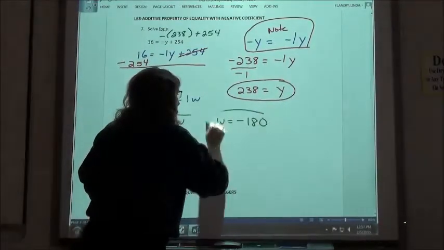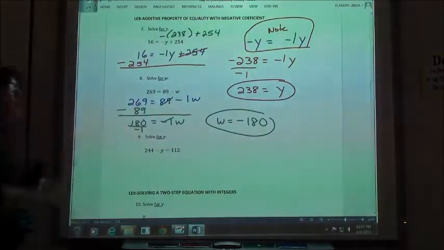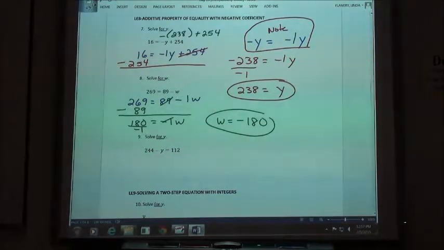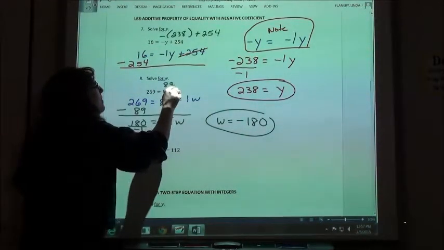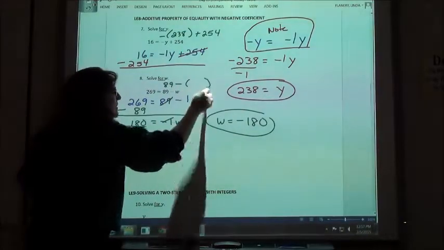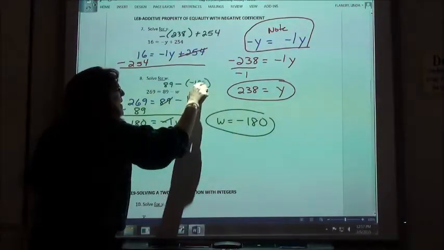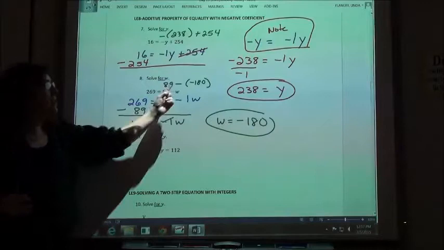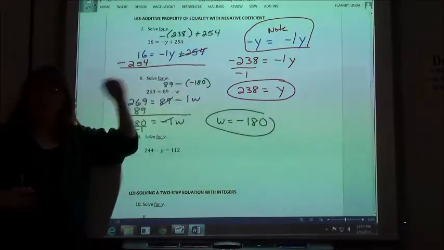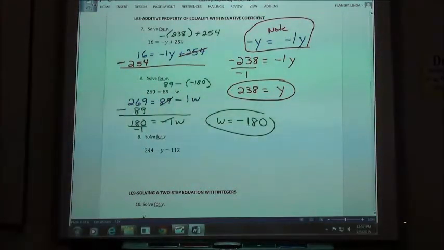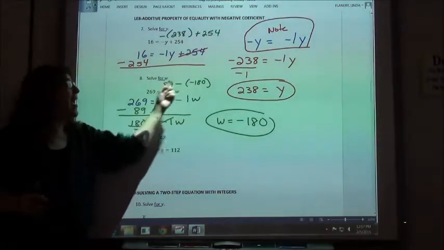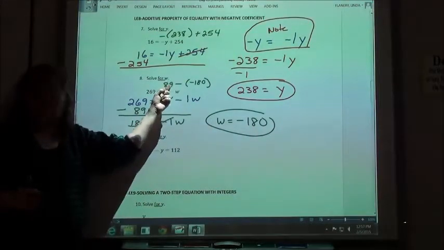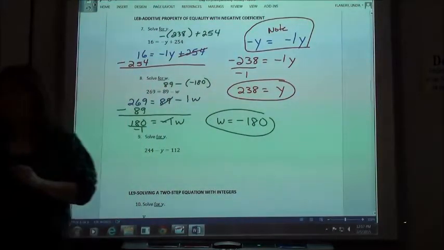Because I have a positive divided by a negative, which is a negative. So what I'm doing when I check it is I'm saying 89 minus, and in parentheses, I have a negative 180. Well, what happens when you minus a negative? When you have minus a negative, you end up adding those two numbers together, and that's how they came up with the 269, right?